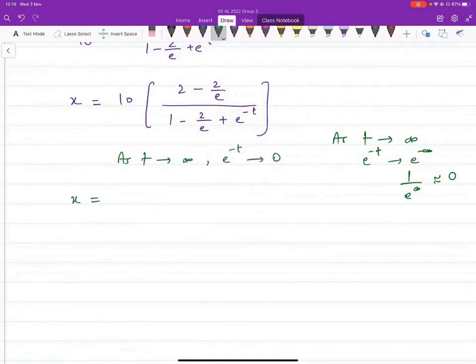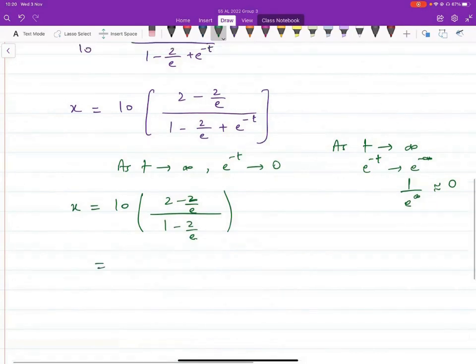What are you left with? 10 into 2 minus 2 over e divided by 1 minus 2 over e. Evaluate this and see what you get. 47.84. This is the maximum value that it might reach even if t was to go to infinity, right?